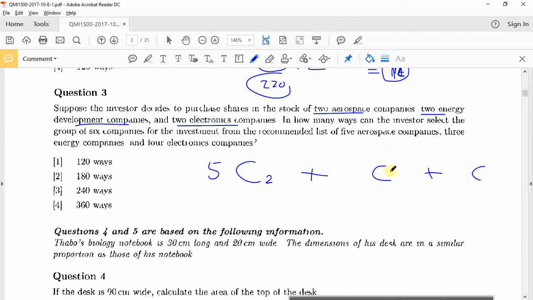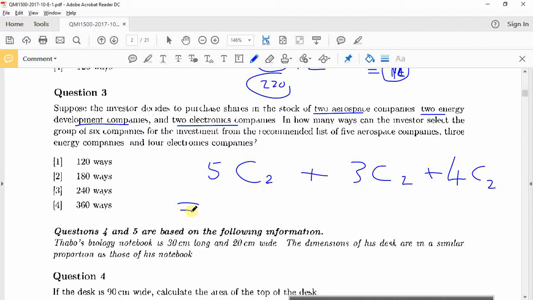For this one, how many energy companies? 3. Choose how much? 2. How many electronics companies? 4. Choose 2. Okay, so let's work those out. You use your other Casio.